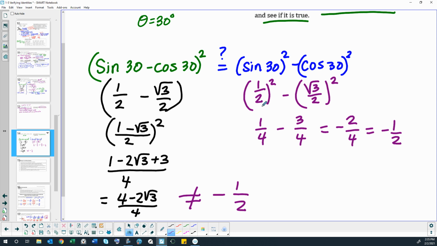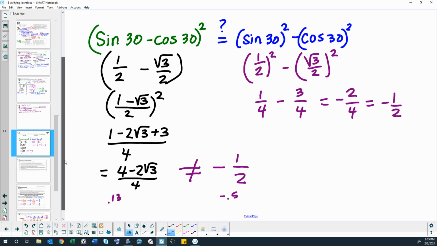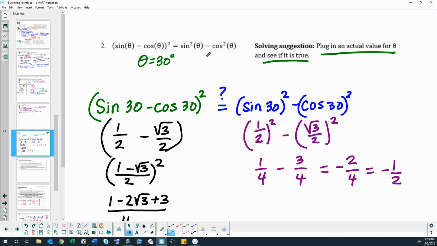So 1/2 squared, which is 1/4, and square root of 3 over 2 squared, which is 3/4. Subtract those, we get negative 2/4, or negative 1/2. Well, I know we figured out earlier that this was like 0.13 something, right? This we know is negative 0.5. Those are completely different answers. So therefore, this does not work.